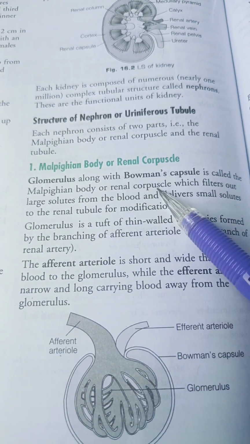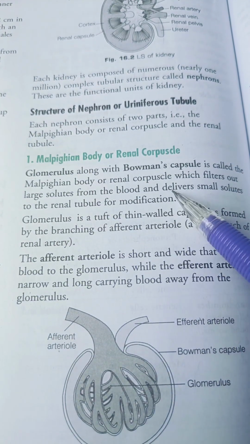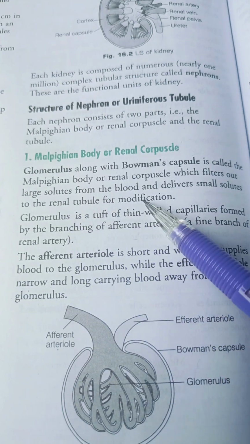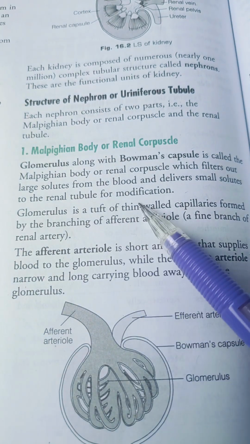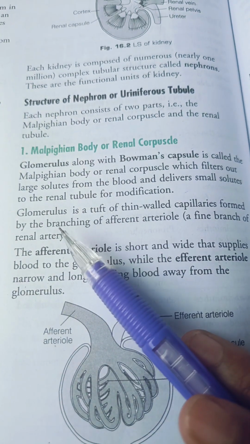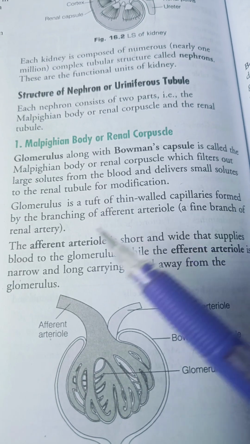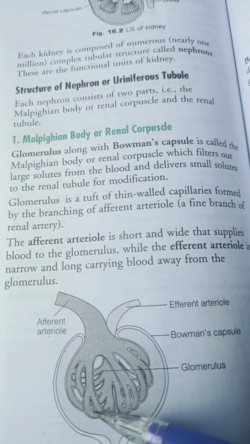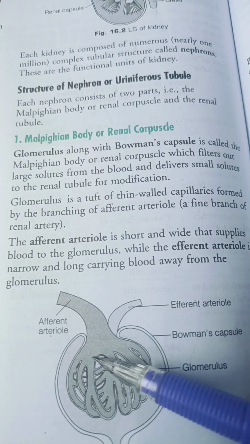The glomerulus along with Bowman's capsule is called the Malpighian body or renal corpuscle, which filters out large solutes from the blood and delivers small solutes to the renal tubule for modification. The glomerulus is a tuft of thin-walled capillaries formed by the branching of the afferent arteriole, a fine branch of the renal artery.